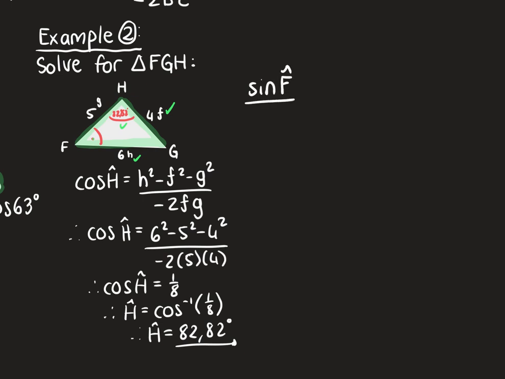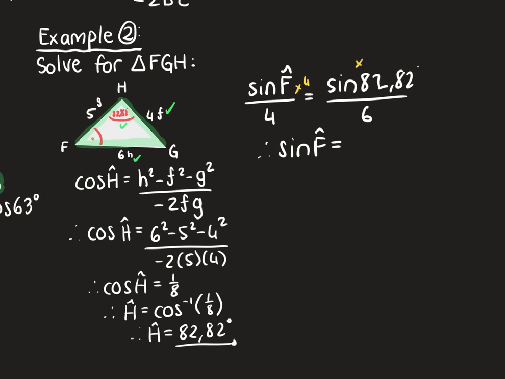So sine F over the opposite side of F, which is 4, is equal to sine of 82.82 all over 6. Therefore, sine F is going to equal, and what I can do here is times both sides by 4. So now I've got 4 sine of 82.82 degrees all over 6. Therefore, sine F equals, let's put that into our calculator.